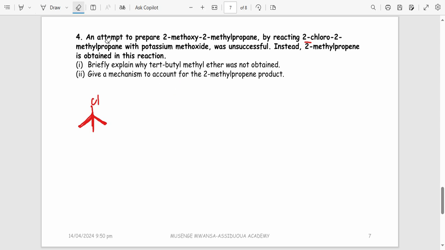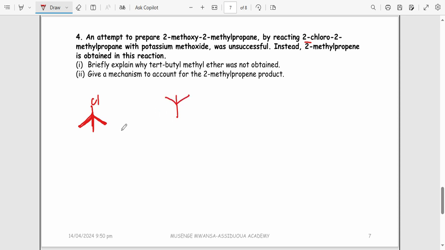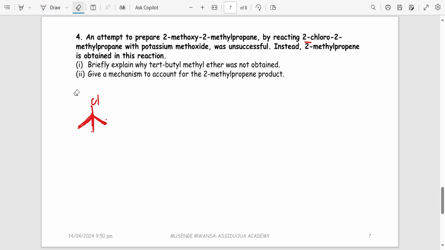What you do is you look at whether something is making a Y. How many carbons are here? 1, 2, 3, 4. These are 4 carbons, so it is going to be tert.